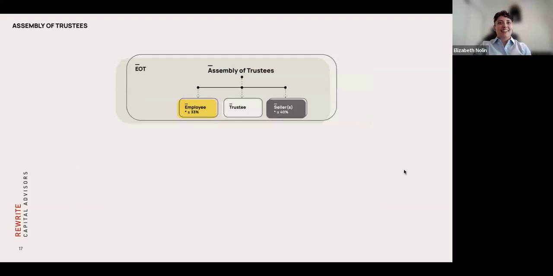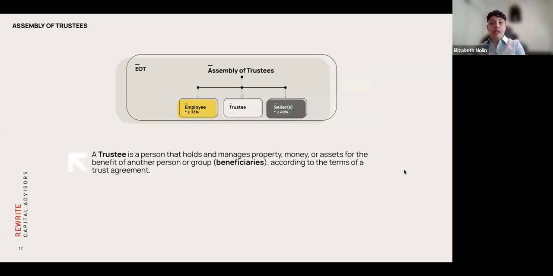Great. And again, we've talked about the Assembly of Trustees, but when we think about how shareholders might make decisions based on their own interests and the interests of the company, the trustees must specifically make decisions through the lens of what is in the best interest of beneficiaries. And that is part of their fiduciary duties.